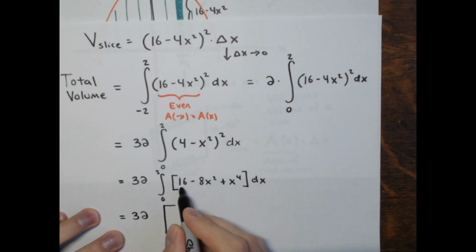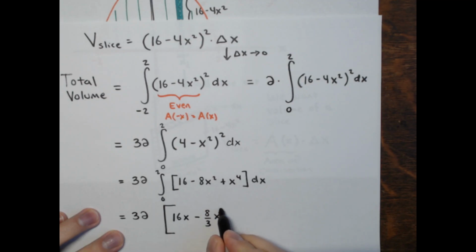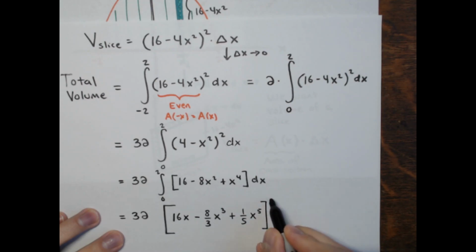Take the antiderivative of this without the constant of integration, without that plus C. So that's 16x minus 8/3 x cubed plus 1/5 x to the 5th. We're evaluating this, going from x equals 0 to x equals 2.